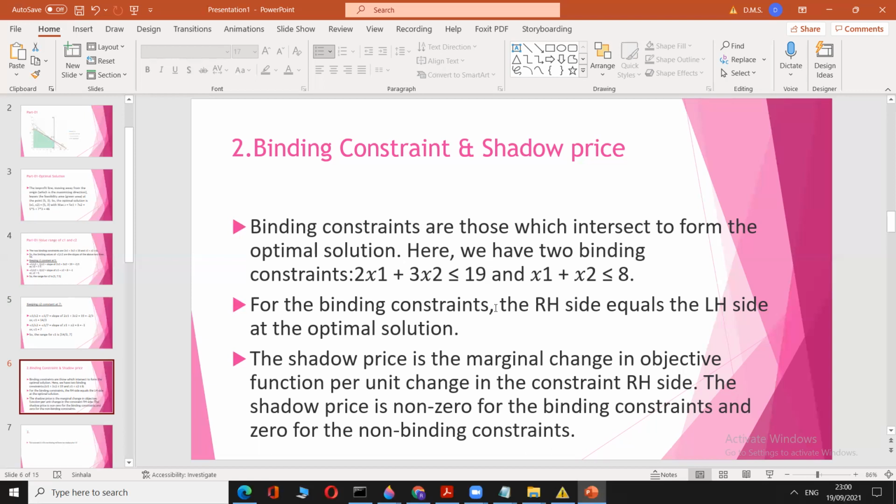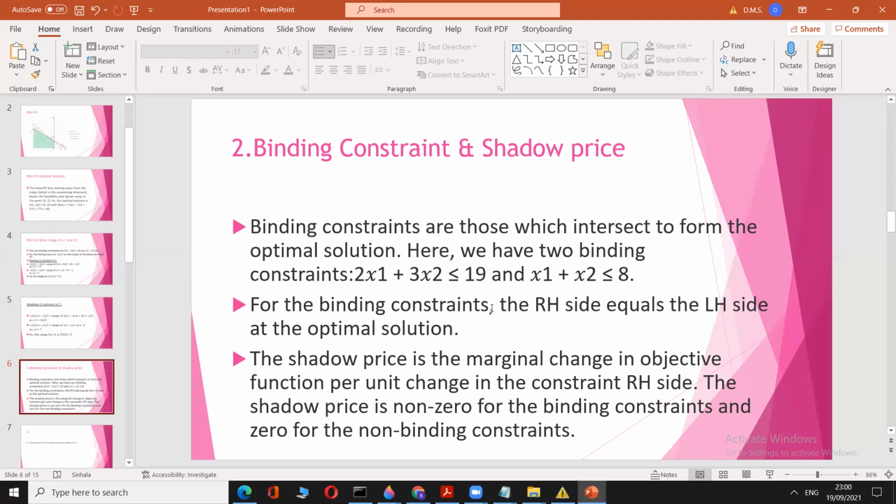For a binding constraint, the right hand side always equals the left hand side at the optimal solution. We identify a binding constraint by that result.